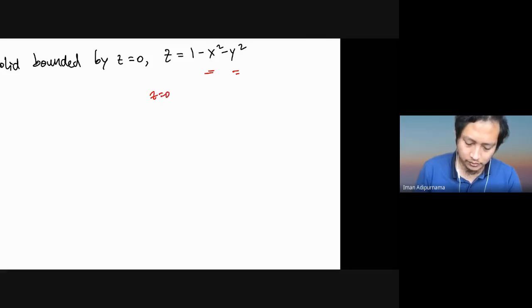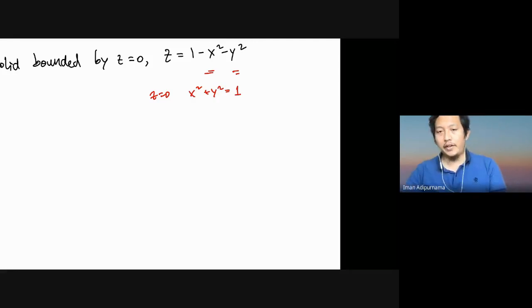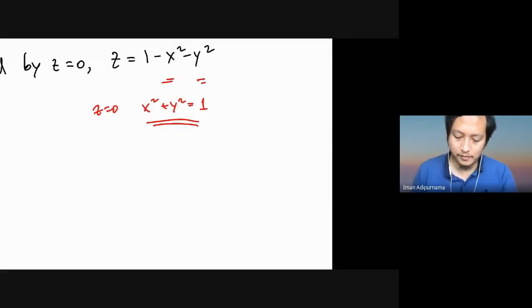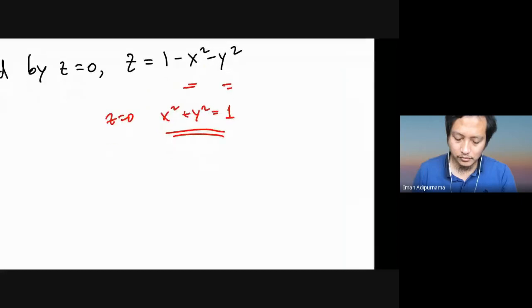If you imagine z is 0, then you have x squared plus y squared is 1. So at the very base, we have a circle. And of course, if you remember, if you look at z and x squared, and also z and y squared, both have a parabola relation.